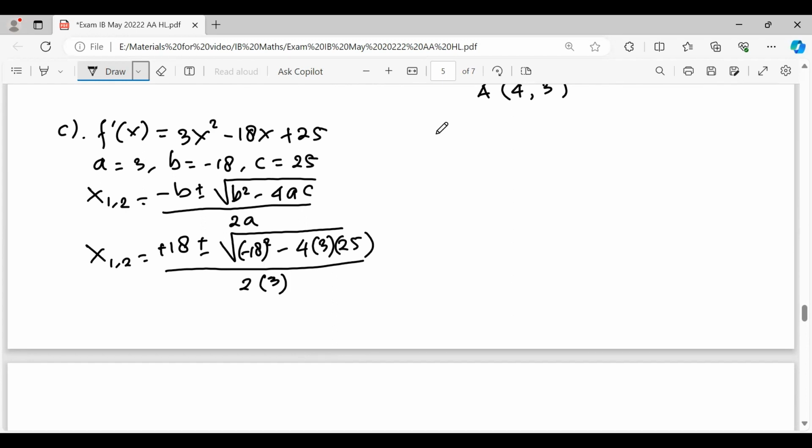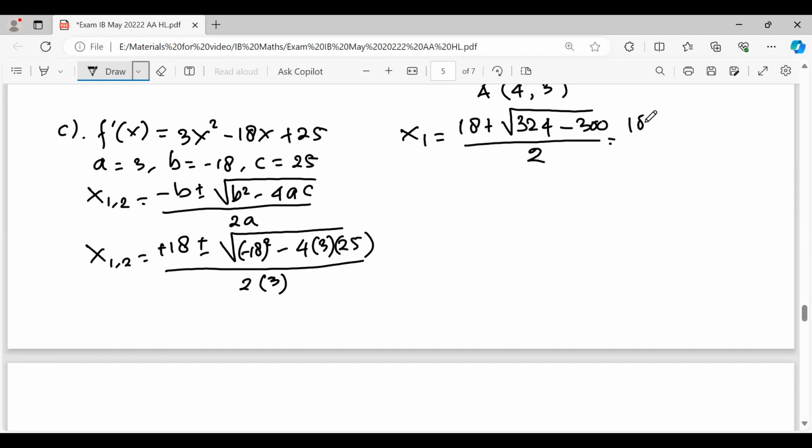So it is x1 equals 18 plus square root, wait, this is 324 minus 300 over 2.